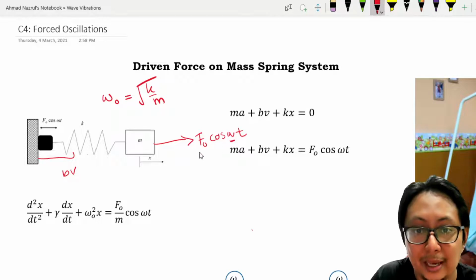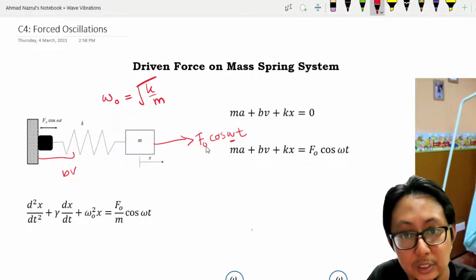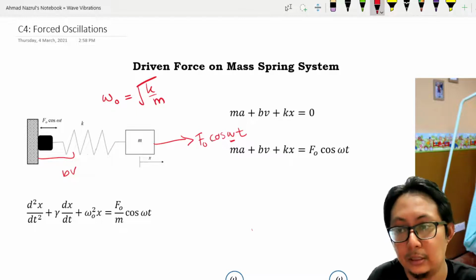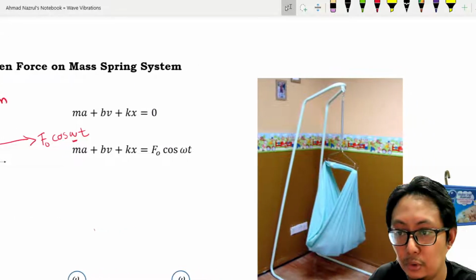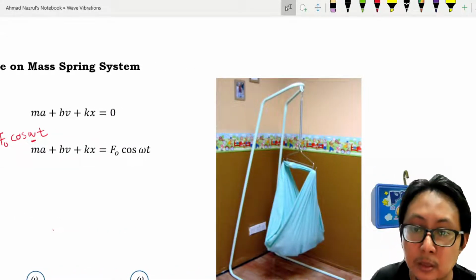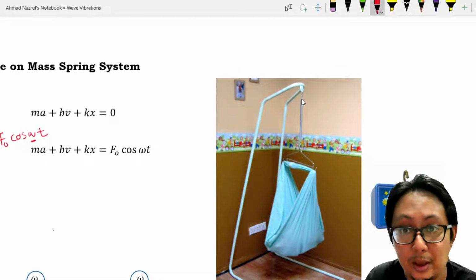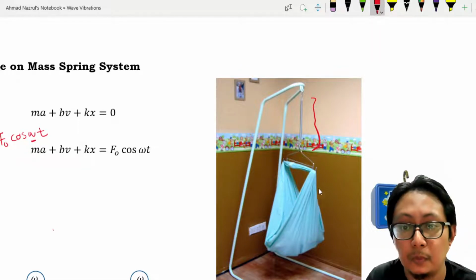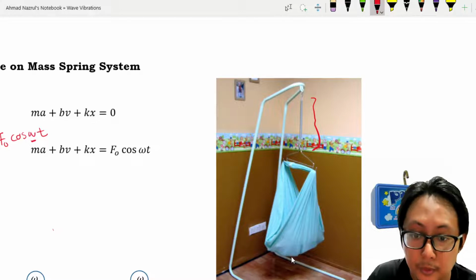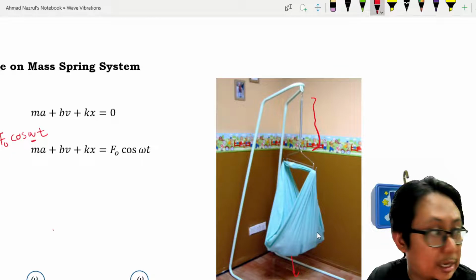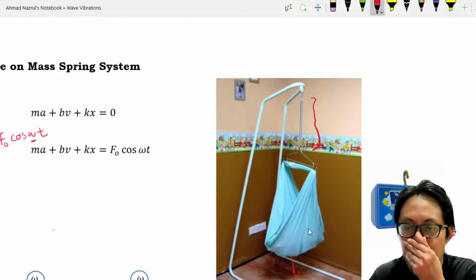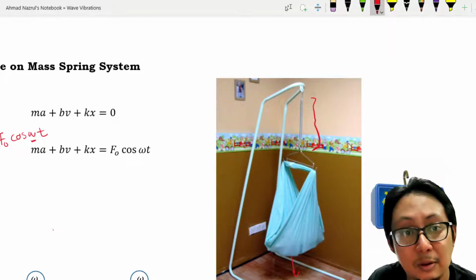We have omega here, and the oscillation of the external force is F naught cos omega T. Another example is the baby swing. In this ordinary swing, we have a spring system and we put the baby here. When we pull it, the swing will oscillate up and down, and at a certain time it will stop.